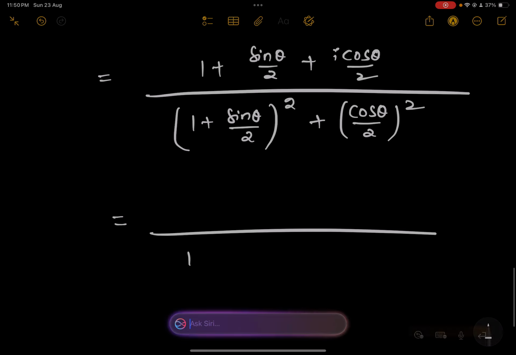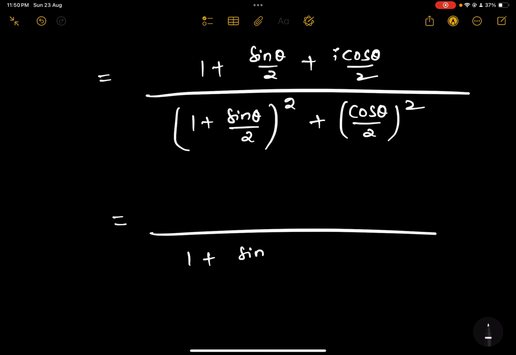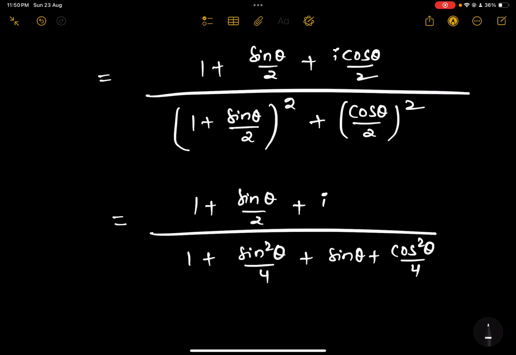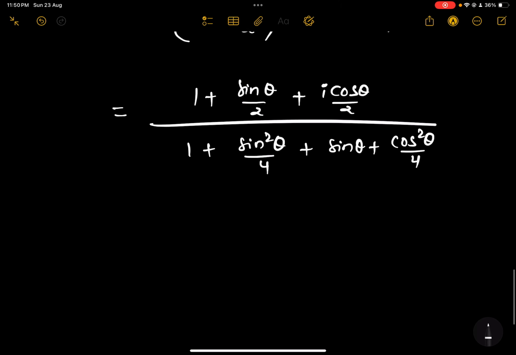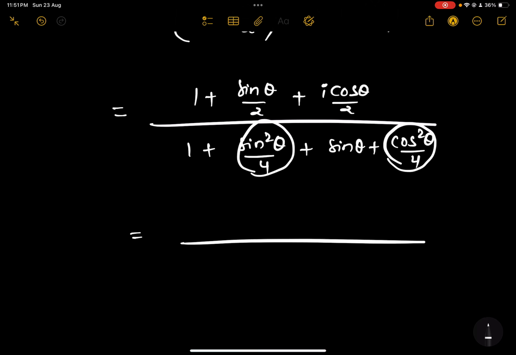So 1 square is 1 plus you have sin square theta upon 4 plus sin theta plus cos square theta upon 4, and in the numerator you have 1 plus sin theta by 2 plus i cos theta upon 2. So in the denominator, these two terms will give you 1 upon 4. So 1 plus 1 upon 4 is simply 5 upon 4 plus sin theta, and in the numerator you have 1 plus sin theta by 2 plus i cos theta by 2.